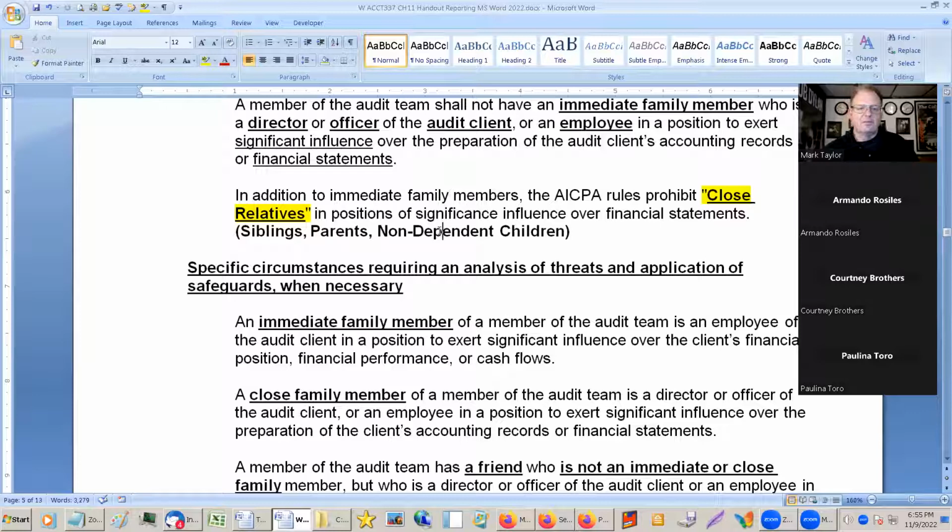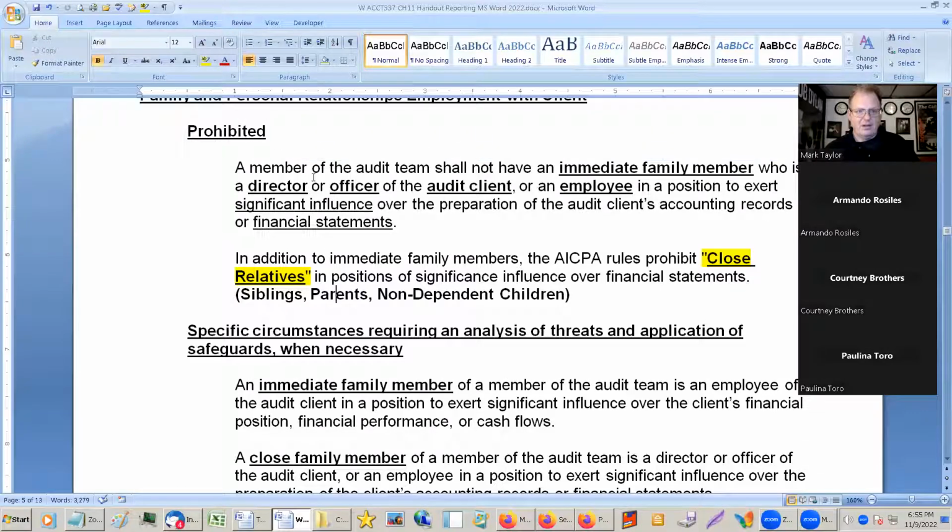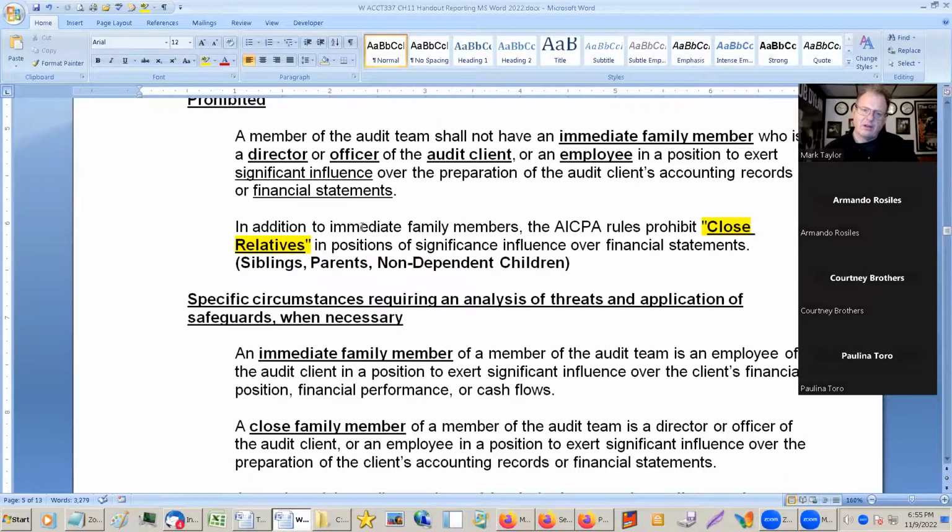So the international standards are that your immediate family members cannot be in there. AICPA standards are also close relatives are not allowed: your parents, non-dependent children, your siblings, your brothers, sisters, and all that.